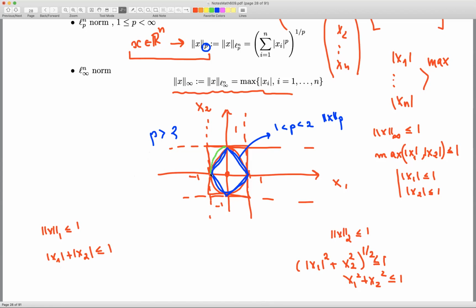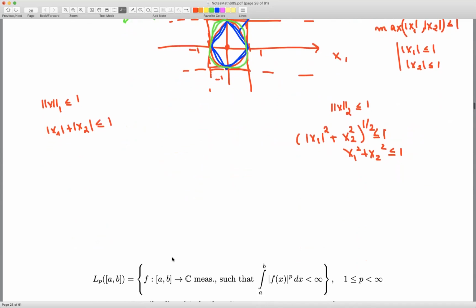This is the unit ball for the Lp norm for p bigger than 2 and less than infinity. As p grows, this green ball is getting closer and closer to the square.